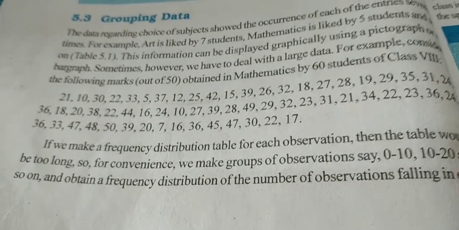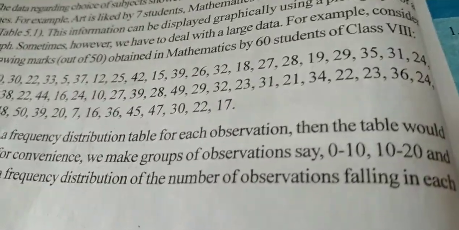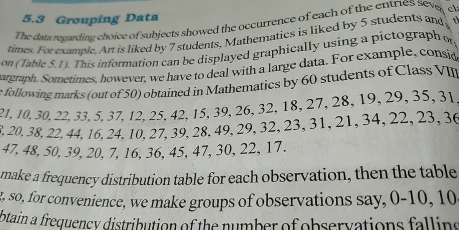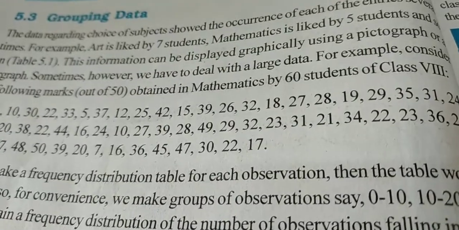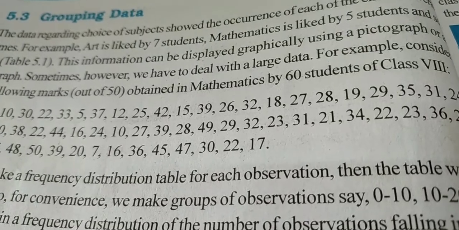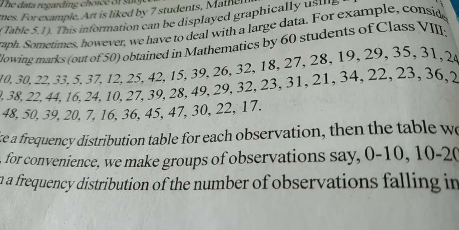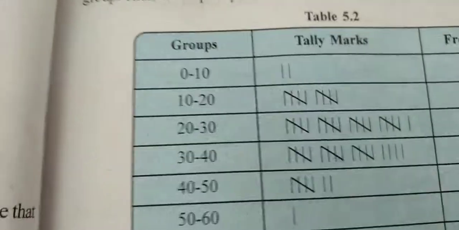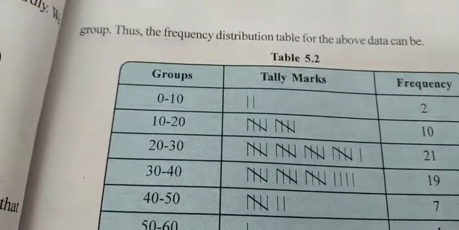And so for convenience, we make groups of observations, say class 0 to 10, then 10 to 20 and so on, till the maximum marks. Group of 10 we are going to make: 0 to 10, 10 to 20, like this, up to 50 to 60.